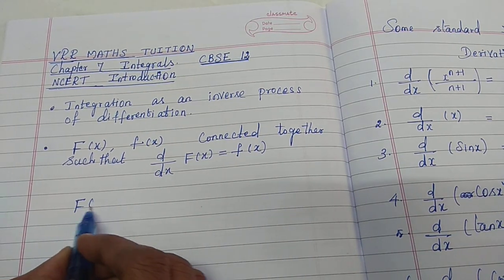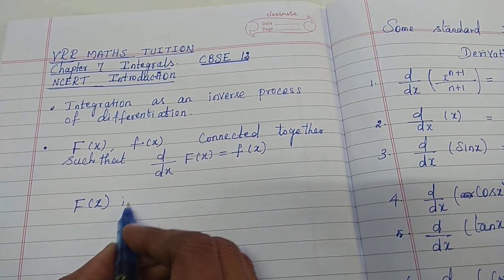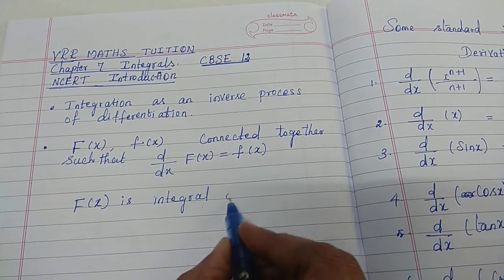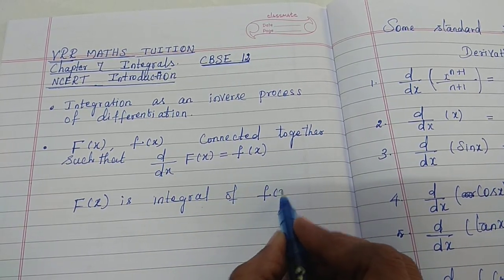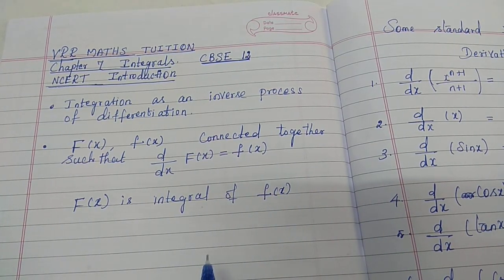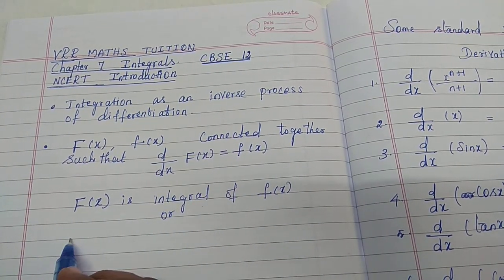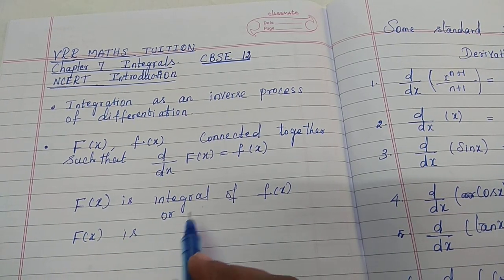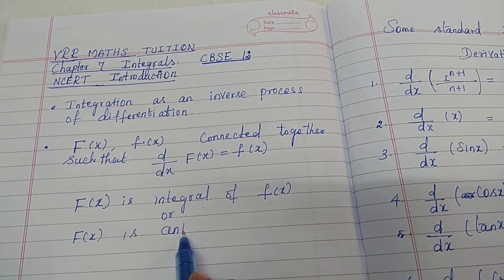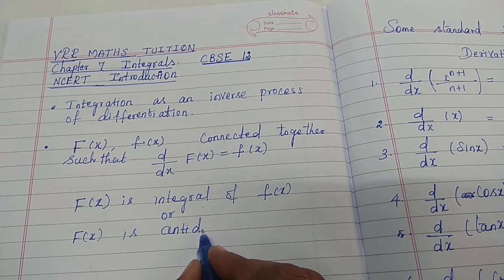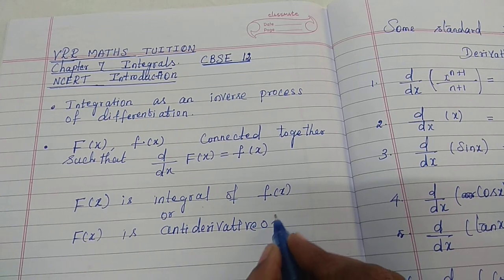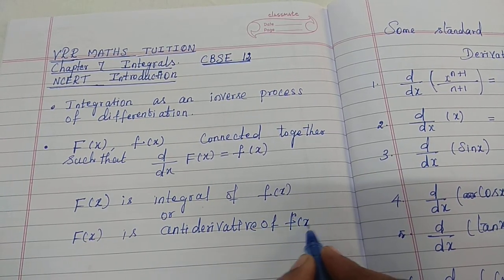This capital F of x is the integral of small f of x, or this capital F of x is said to be an antiderivative of small f of x.